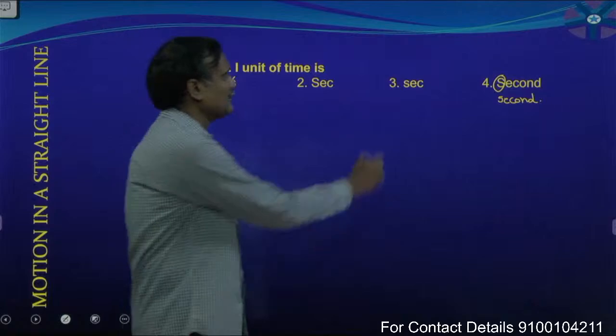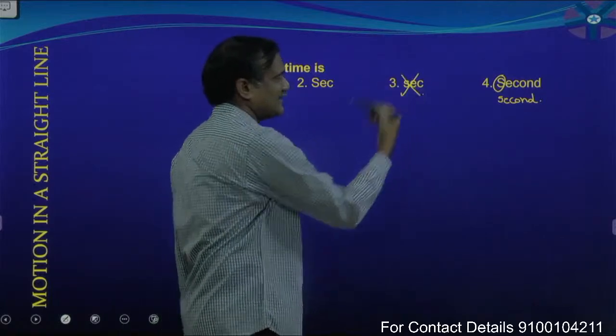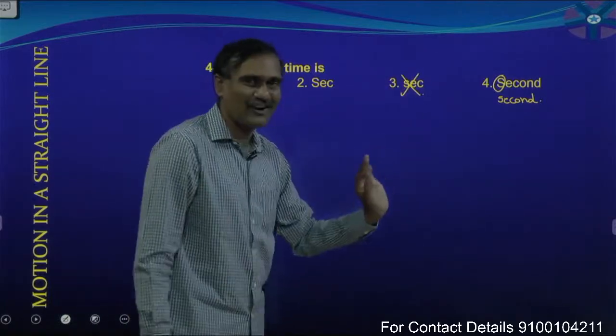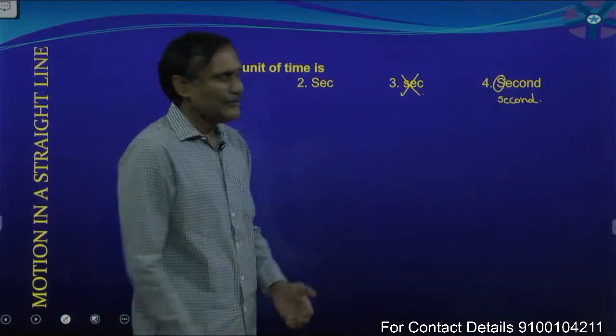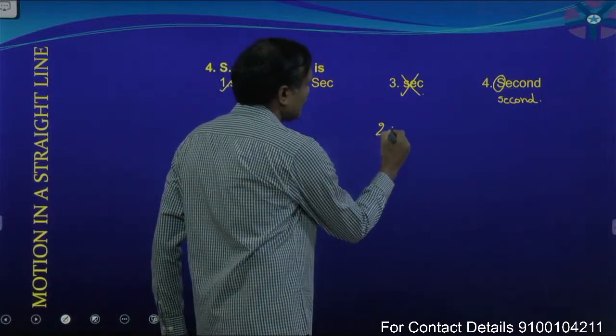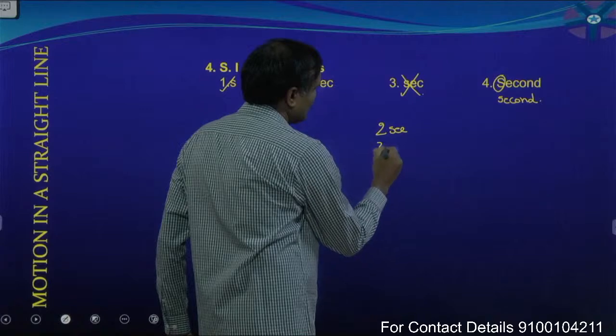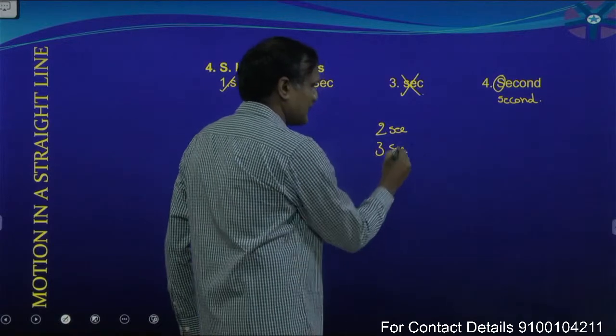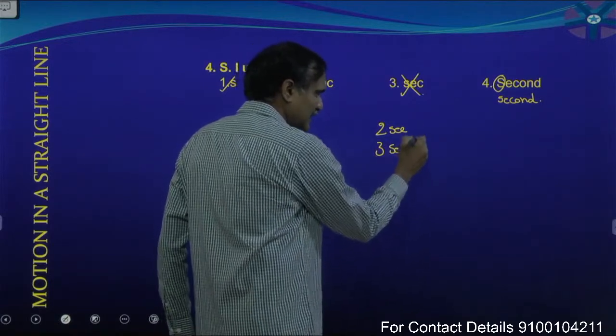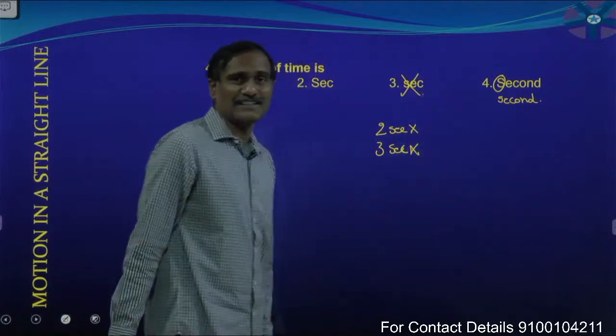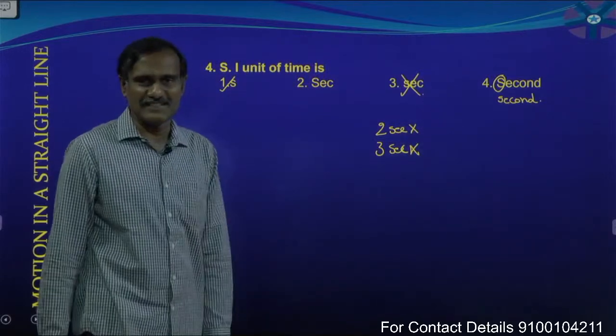Okay, don't use it in this manner. This is also wrong, but usually we write it as 2 seconds, 3 seconds like that, but it is not the standard representation. Remember that.